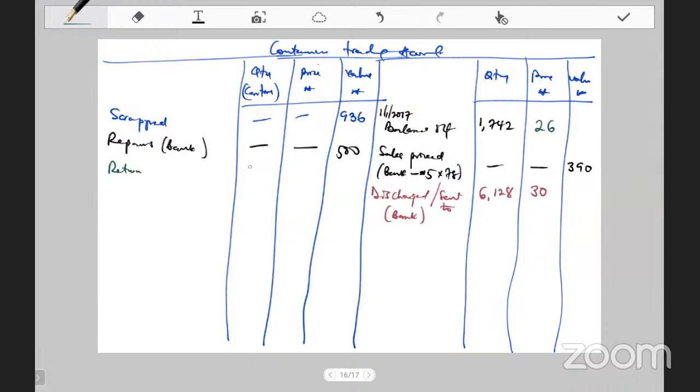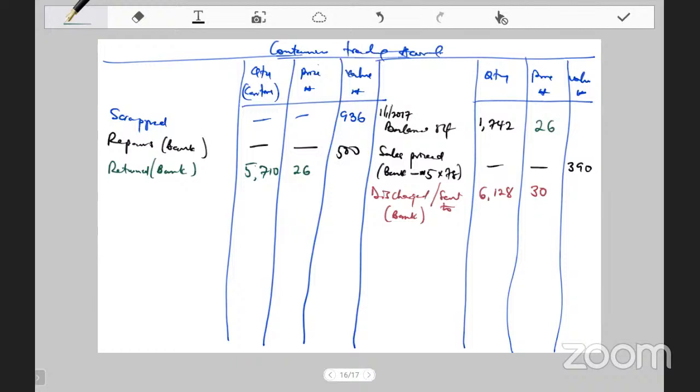How many units were returned? 5,710. And they will collect their money back at the returnable price. What's the returnable price? 30 naira. I'm sorry, 26. Thank you. And please note that one is also bank because you are talking about return. Next item. Let's be fast.